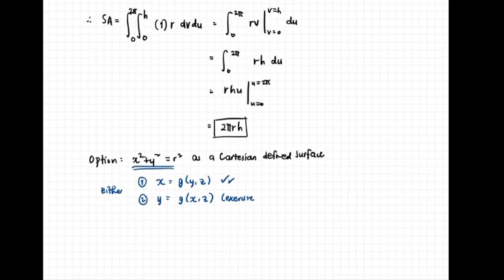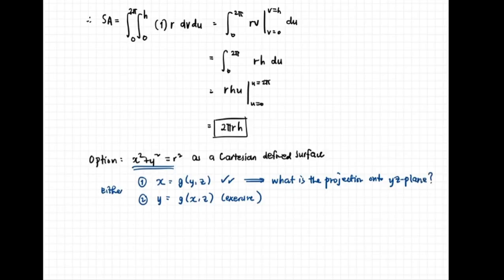So notice that if we use something of the form x equal to g of y, z, then we want to project onto, again, we're replacing x by something in terms of y and z. So we want the projection onto the yz plane.